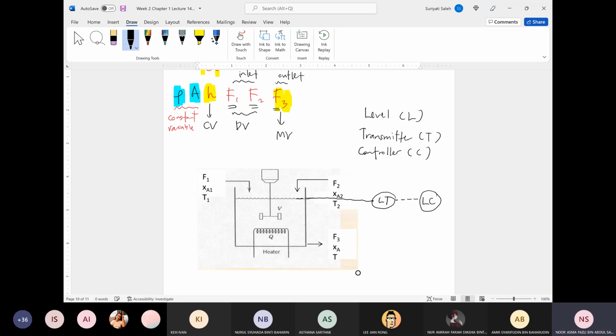So LC, level controller. LT, level transmitter. Once the level transmitter measures the level, it will compare it with the reference value, what we call the set point value, the value that we want to achieve. Let's say you want to achieve the level at 5 meters. Current level is 6 meters, so you exceed by 1 meter. The controller will calculate how much the flow rate needs to be adjusted. That is the function of the controller.